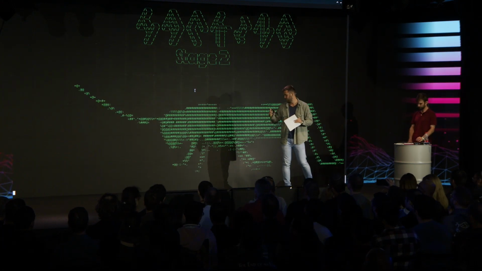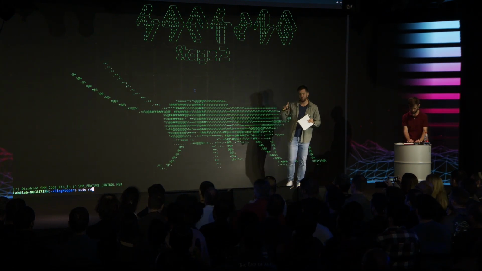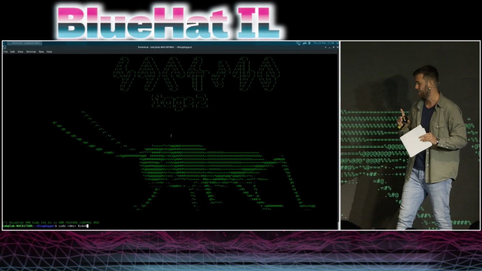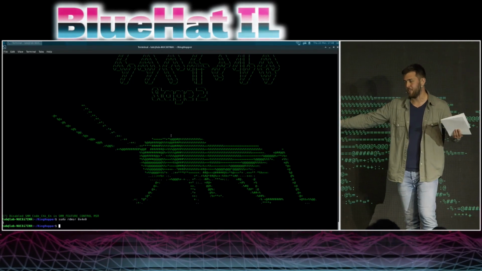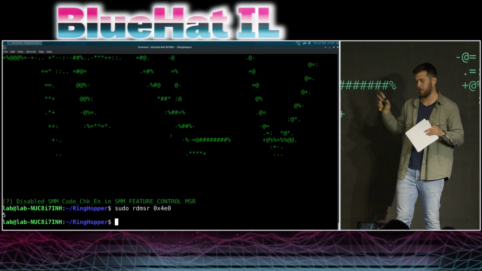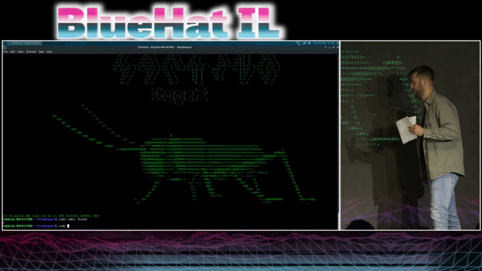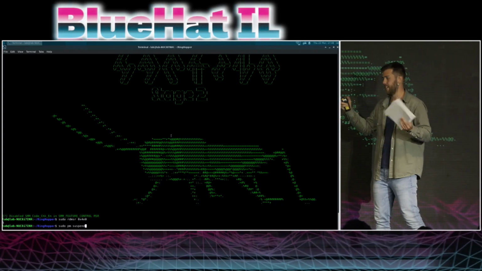Okay, so now we hope it worked, and we will read the MSR. You probably don't see it because it's very low here, but the value of the MSR is 5, which is 2 bits that are enabled: the first bit and the third bit, which are both the enable bit and the lock bit.